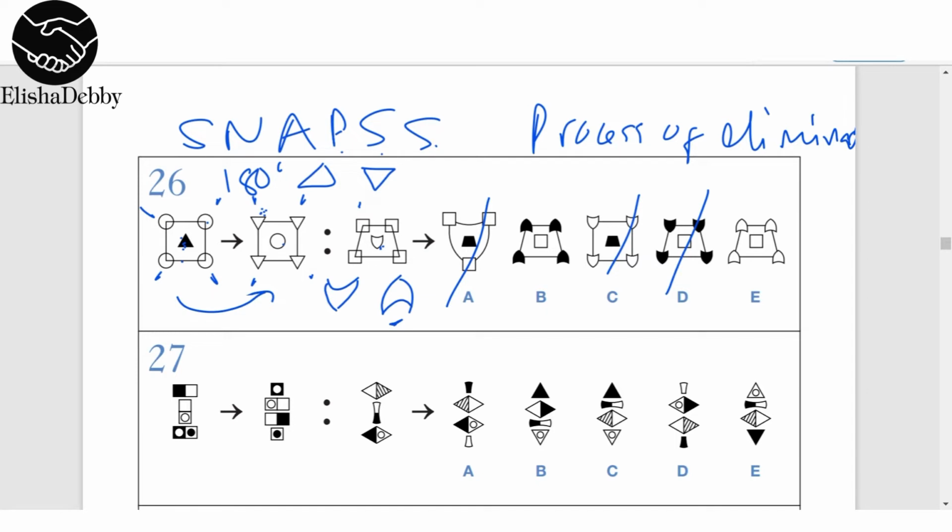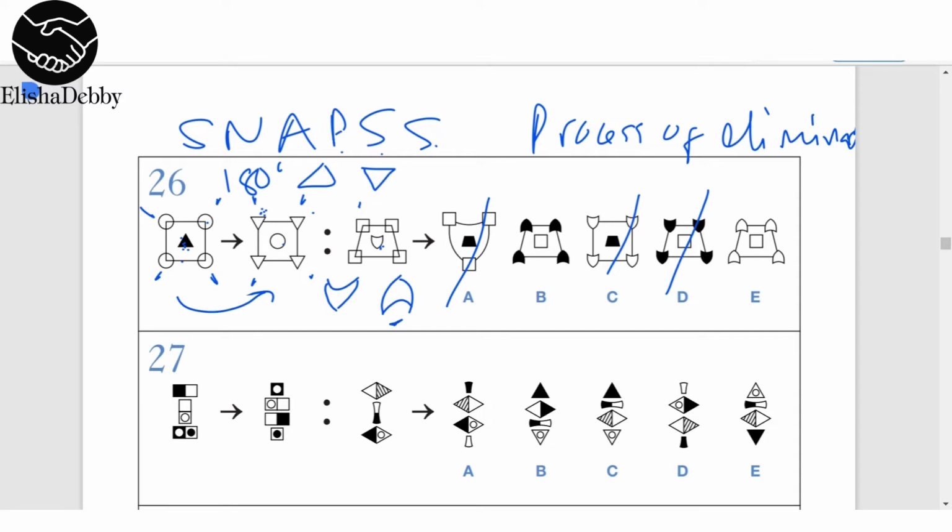So we need to look at the shading now. When it is shaded inside, it's not shaded outside. So let's see if that's it. So it's the opposite. It's turned 180 degrees and not shaded if it was shaded.